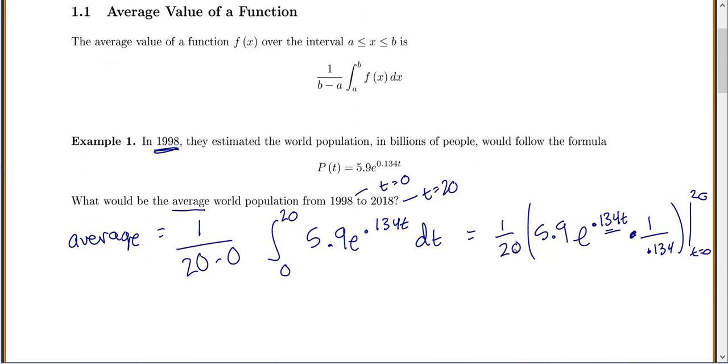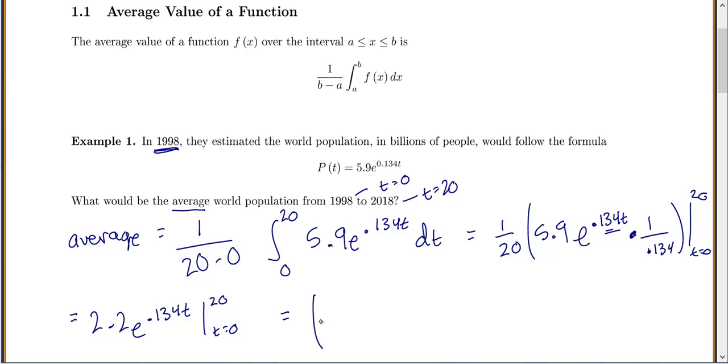So let's simplify. 1 over 20 times 5.9 divided by 0.134. So I get 2.2 e to the 0.134 t evaluated from t equals 0 to 20.